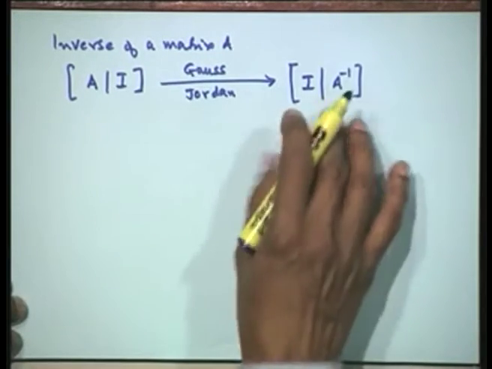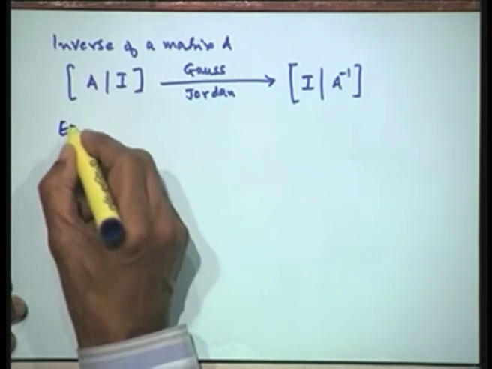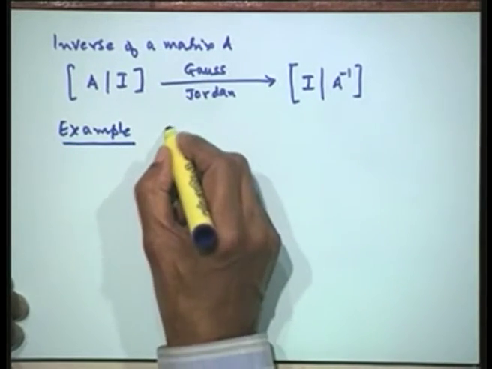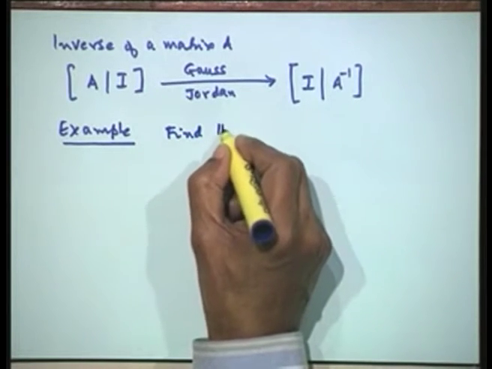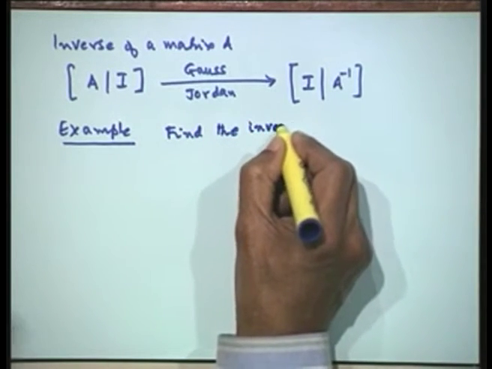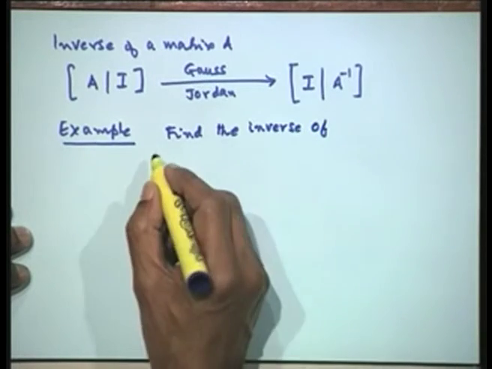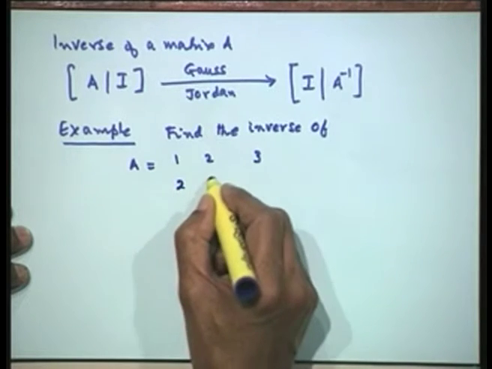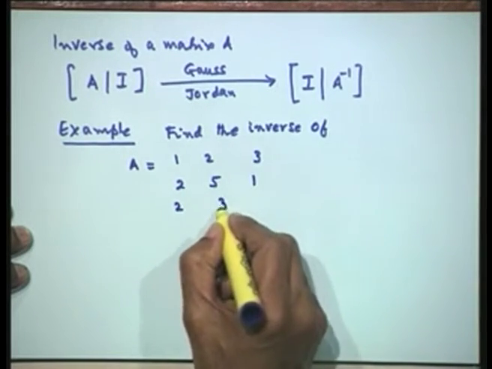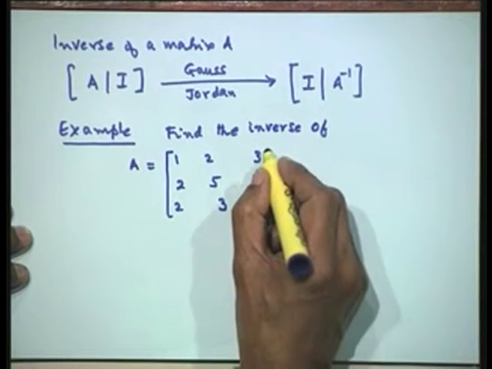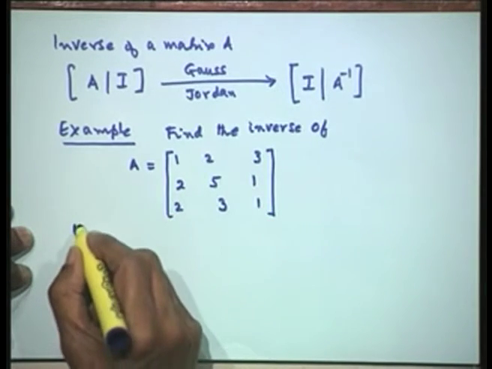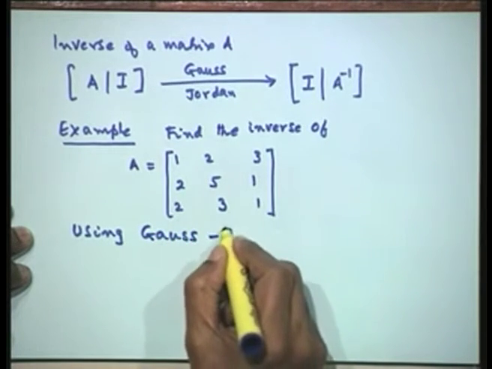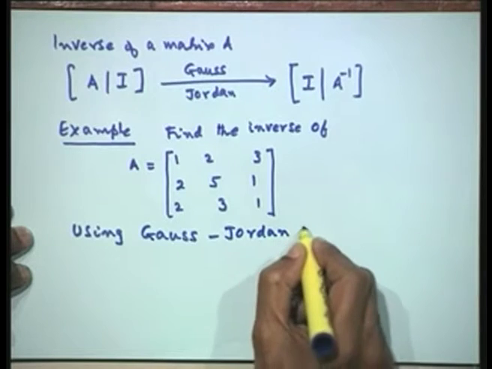Now, let us take an example for this. Let us take an example for finding the inverse of a matrix. Find the inverse of, let me take the matrix as 1 2 3, 2 5 1, 2 3 1, using Gauss Jordan method.